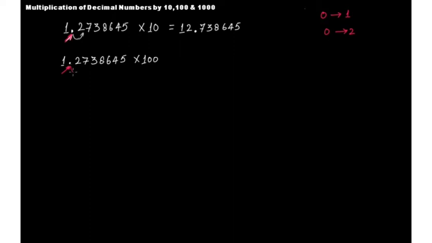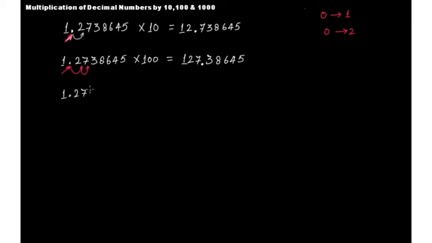So first time it will come after 2, then second time it will come after 7. So the answer will be 127. One jump, second jump, decimal point here, and this is 127.38645.